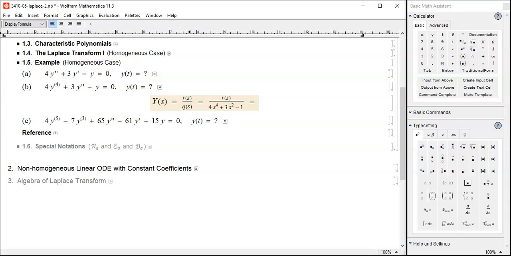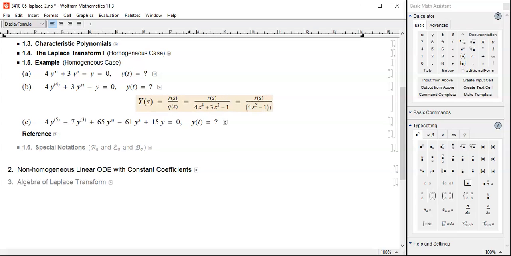Similar to the previous problem, but the factorization will be a little bit different: 4s squared minus 1, s squared plus 1. That's it, isn't it? Plus 4 minus 1, yeah. So can you factor further? How to factor the first factor of the denominator? 2s plus 1, 2s minus 1.